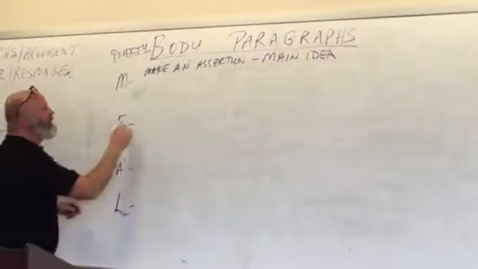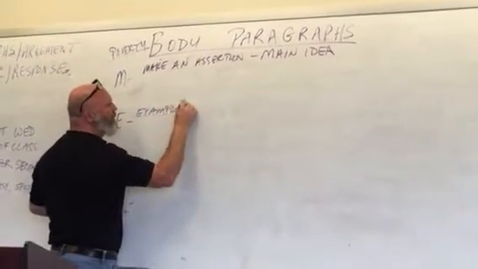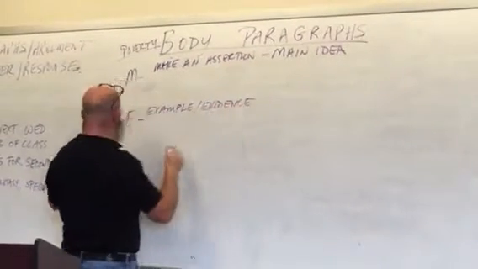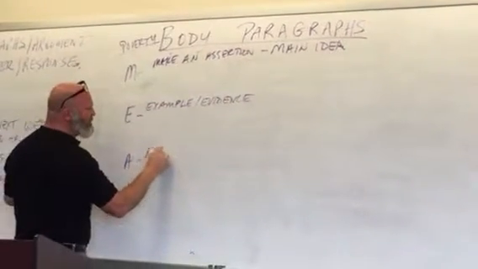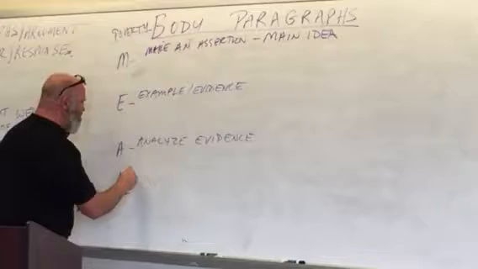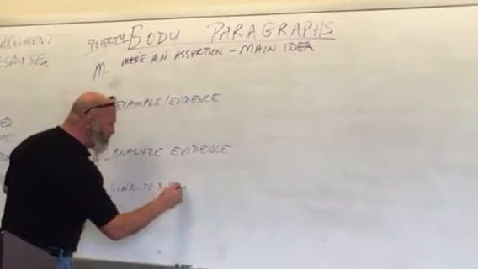The E stands for example or evidence. The A stands for analyze the evidence. And the L stands for link to the overall thesis.